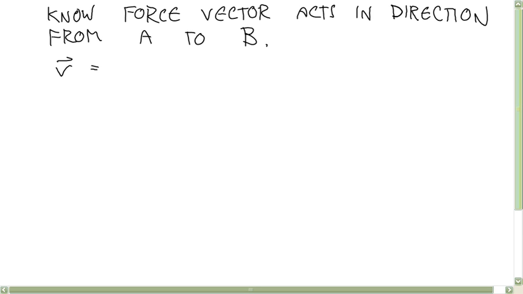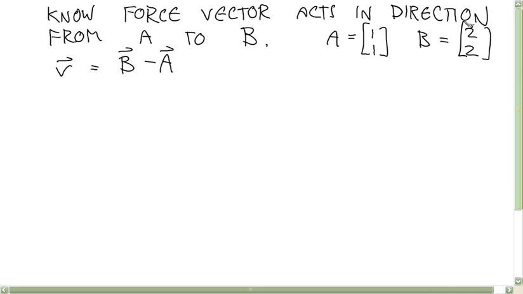Okay, so we know that the force vector acts in the direction from the point A to the point B, right? So I'm going to define this vector equal to B minus A. Just to illustrate what I'm talking about, let's define A equal to 1, 1, and B equal to, just so I can do it in my head, 2, 2.